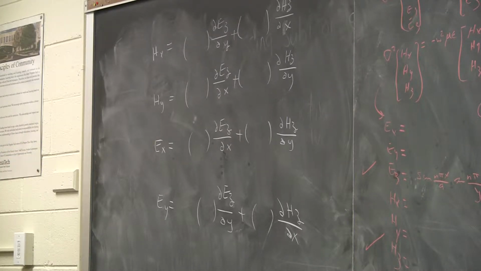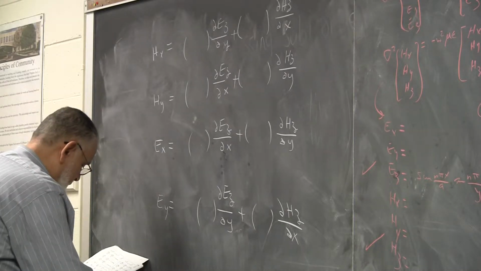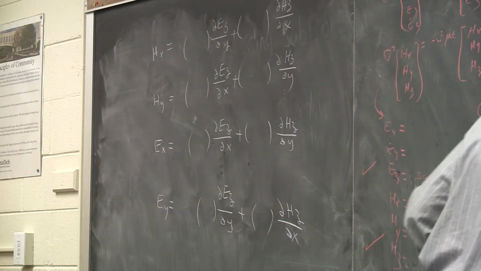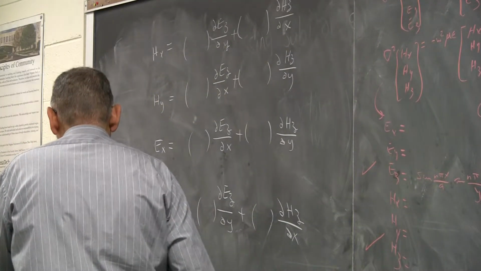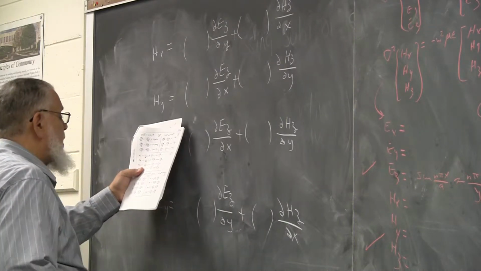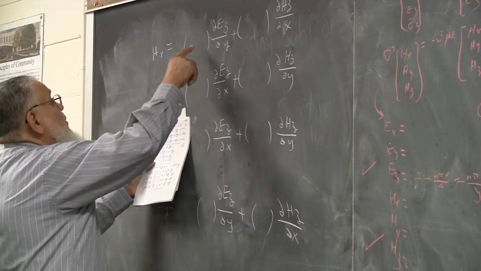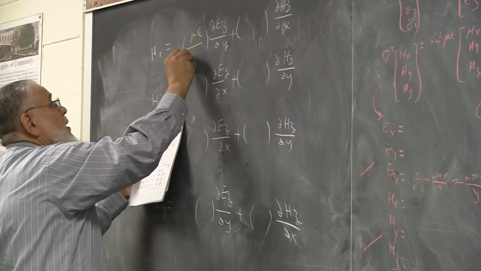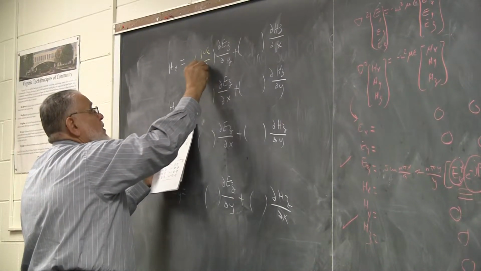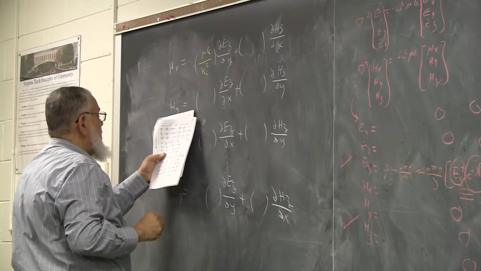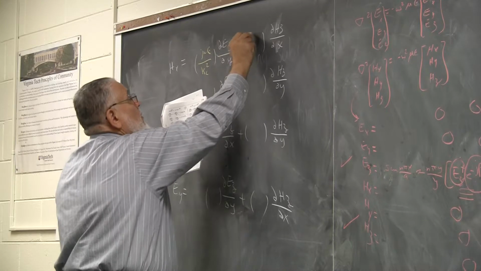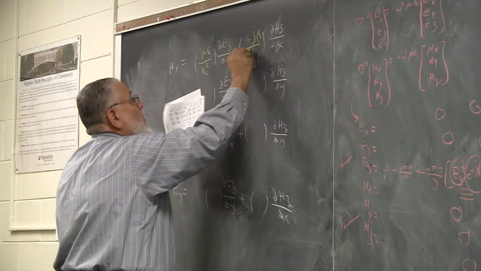I can write you some of those coefficients so you can see it. This one here is j omega epsilon over k sub c squared. I'm going to tell you what k sub c squared is in a minute. And this one here, minus j beta over k sub c squared.